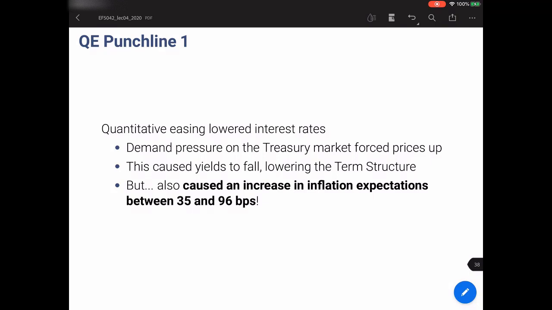These calculations I didn't show you, but from research papers that's estimated. We see that inflation expectations increased, but if the nominal rates, which are just the rates being quoted, are lower, that means in addition to inflation expectations, the real interest rates are negative.